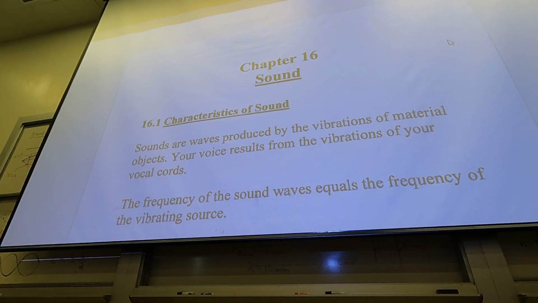And sound waves travel faster in a solid than they do in a liquid, more slowly in a gas, and sound waves do not travel in vacuum. There's nothing to vibrate in vacuum.